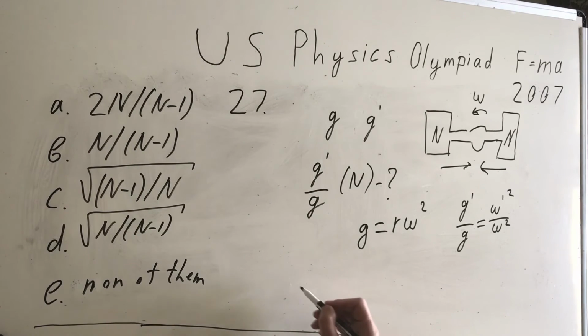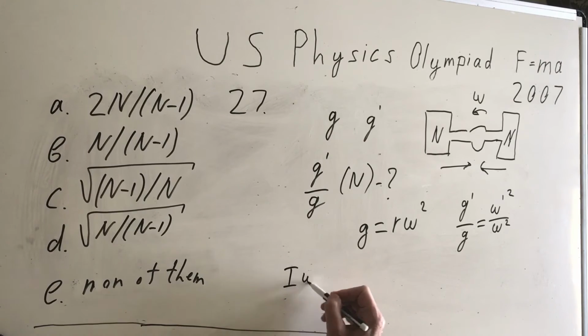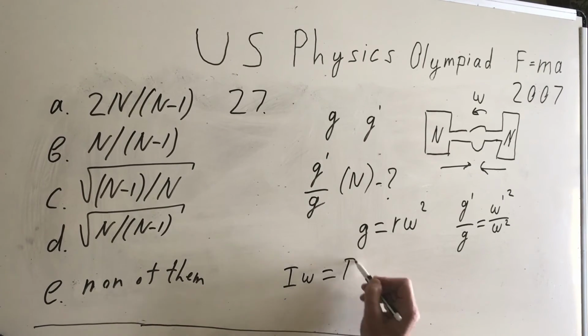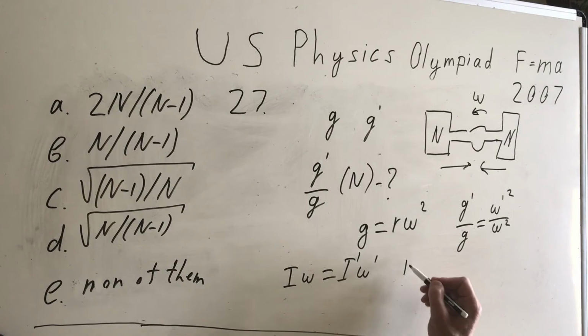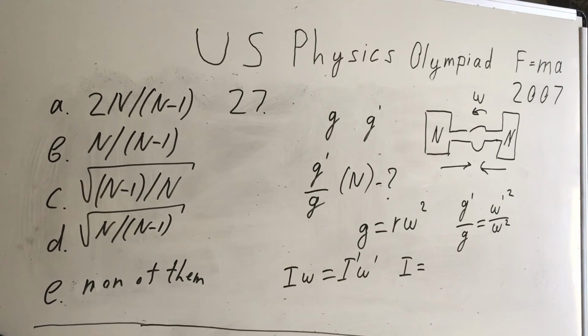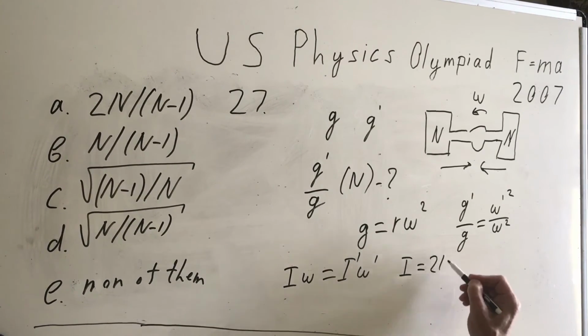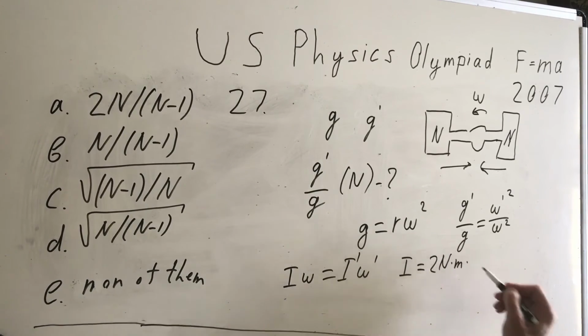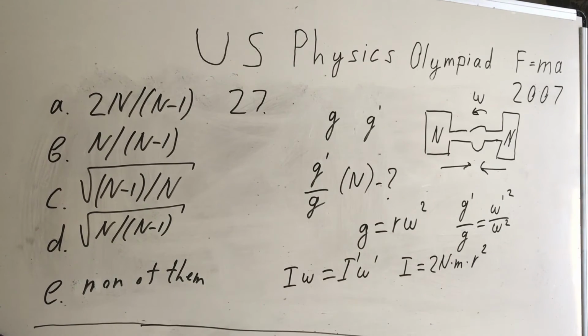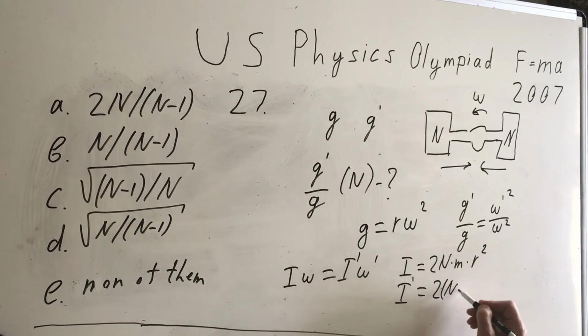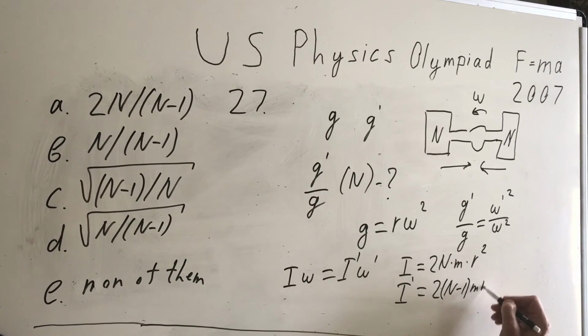It means that we can use the form I omega equals I prime omega prime. To count I, we use the formula total mass, which is 2n, m multiplied by r square, and I prime equals 2 times n minus 1, m r square.